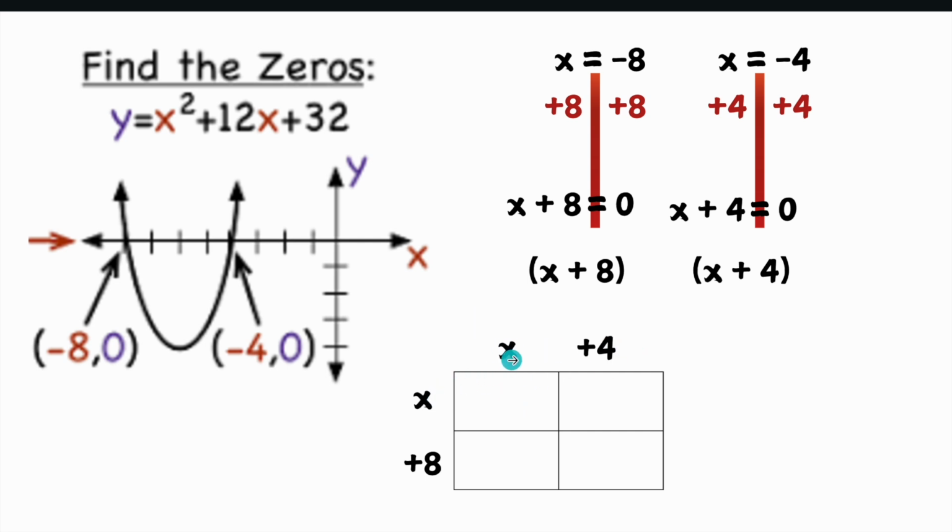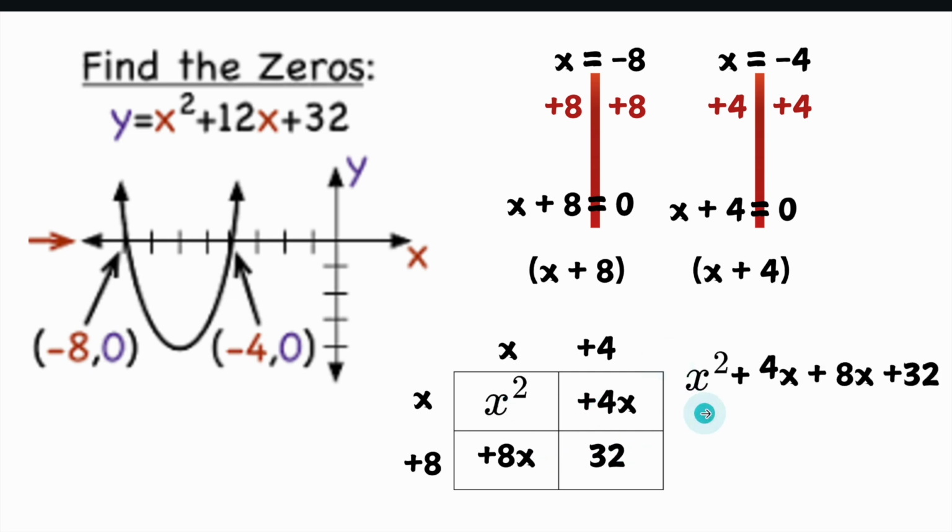What is x times x? That's x to the second power. Then x times 4 is positive 4x. Positive 8 times x is positive 8x. Then at last I have positive 8 times positive 4, positive 32. So now I'm just going to add my boxes.